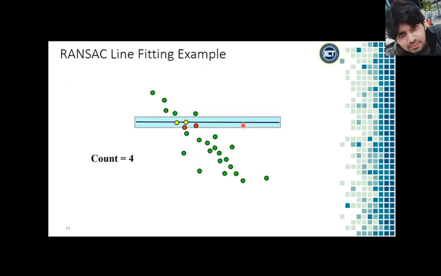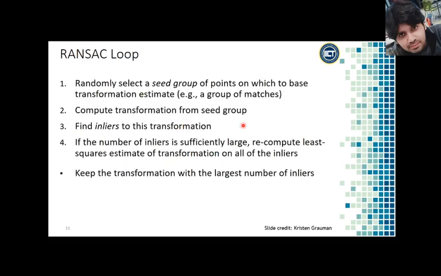So these are the inliers in this transformation. Now we have to recompute the least squares estimate for the transformation on all of the inliers and see which transformation gives us the largest number of inliers, so we should keep that transformation.